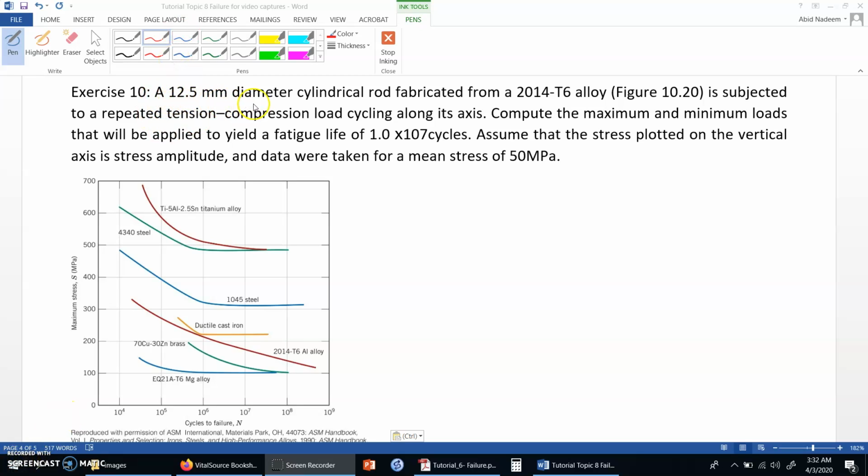A 12.5 mm diameter cylindrical rod fabricated from a 2014 T6 alloy is subjected to a repeated tension compression load cycling along its axis. Compute the maximum and minimum loads that will be applied to yield a fatigue life of 10 to the power 7 cycles.